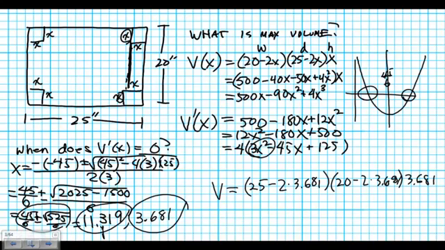The assignment in this section is 1 through 49 odd, and then 50, and then 51.